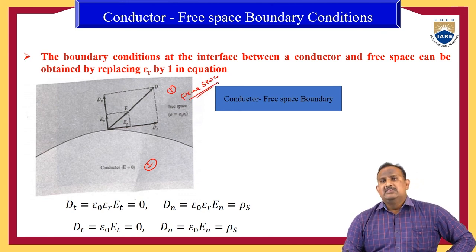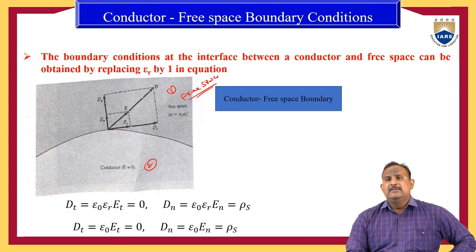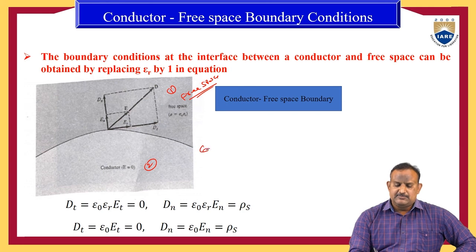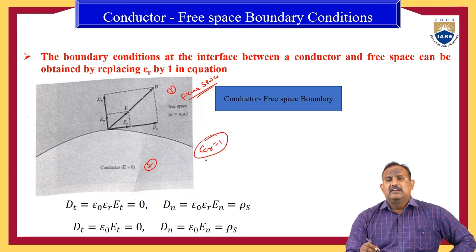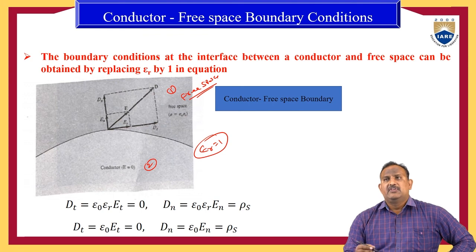If you assume media 1 is free space, we can find the boundary conditions simply by replacing epsilon r equal to 1 in the conductor dielectric boundary conditions. If we replace epsilon r equal to 1, then we have the boundary conditions for conductor free space.